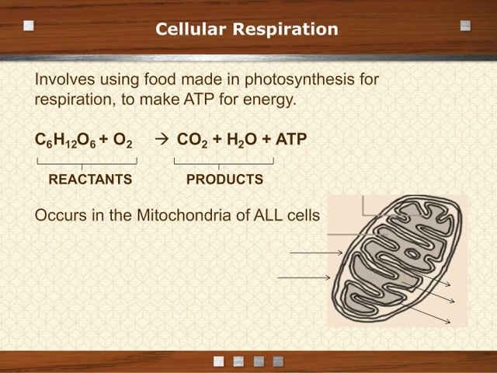So label the 2 arrows that are going in. You also need to record what is coming out of the mitochondria. There are 3 arrows. Looking at your equation, you are going to label them CO2, carbon dioxide, H2O, water, and ATP, adenosine triphosphate, the energy molecule.